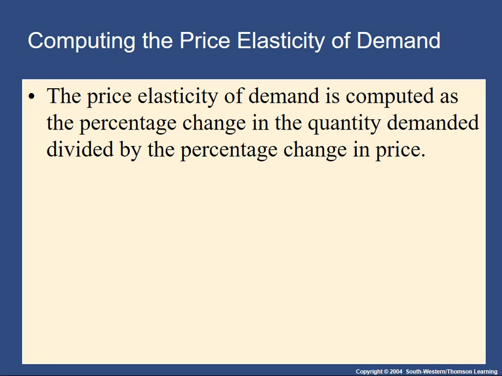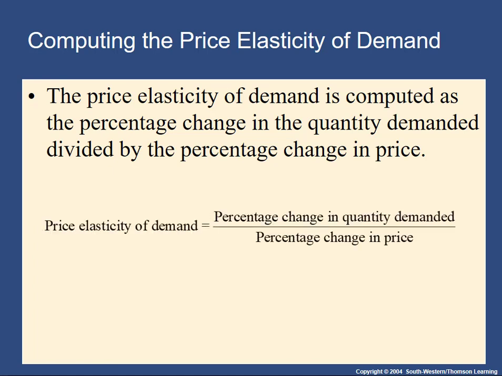Okay, so the price elasticity of demand is computed as the percentage change in quantity demanded divided by the percentage change in price. Now, this is the equation. The real sticking point here is how do we calculate these percentage changes? Because we're talking about moving from one point on the demand curve to another point on the demand curve.